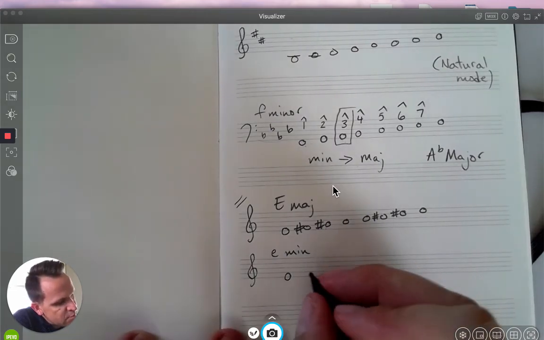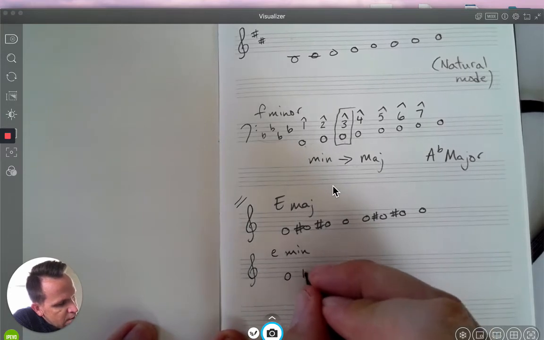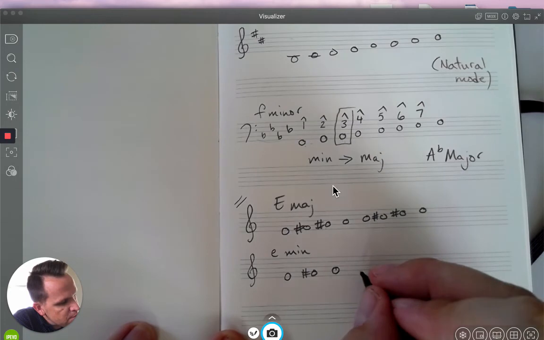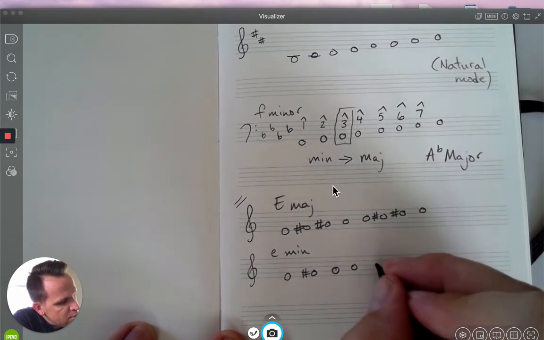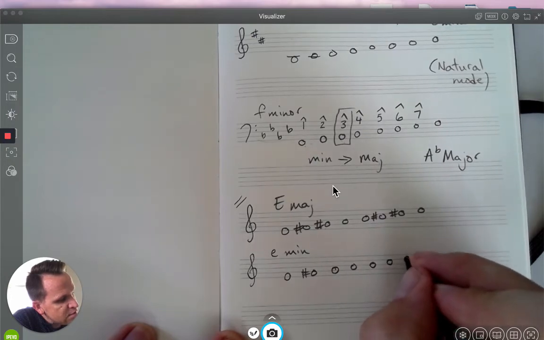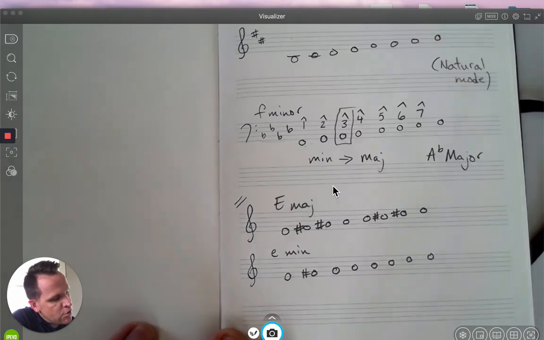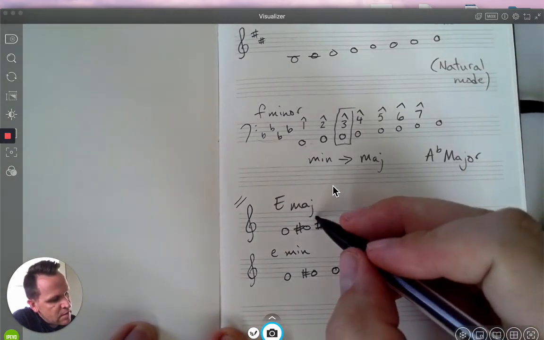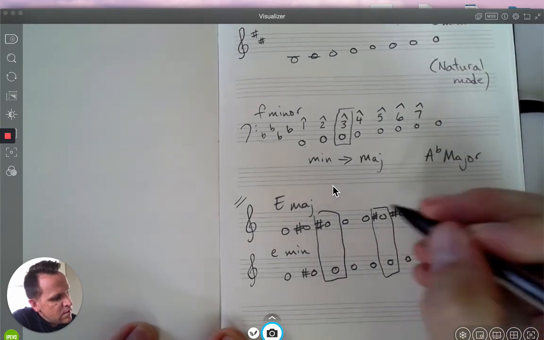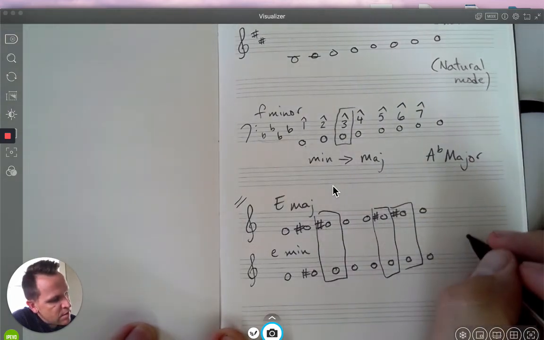So in that case, let's build our E minor and see what happens. We still have an F sharp, but we have a G natural, then we have A, B, and we have C natural and D natural for E natural minor. And so you should notice that in parallel keys, the third, 6th and 7th scale degrees get lowered.